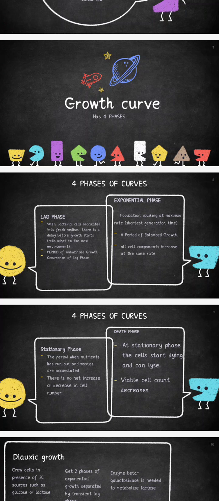So this is the shortest generation time. However, mas mabilis ang replication ng bacteria. This is a period of balanced growth because all cell components increase at the same rate.